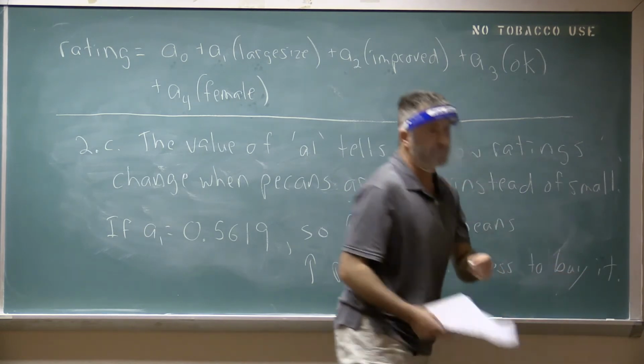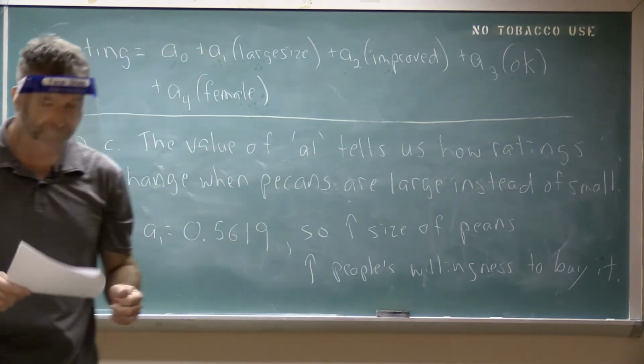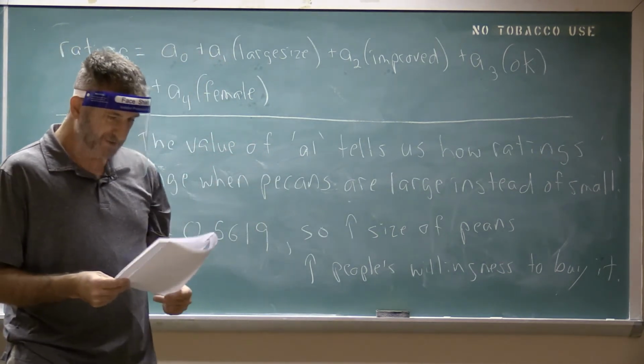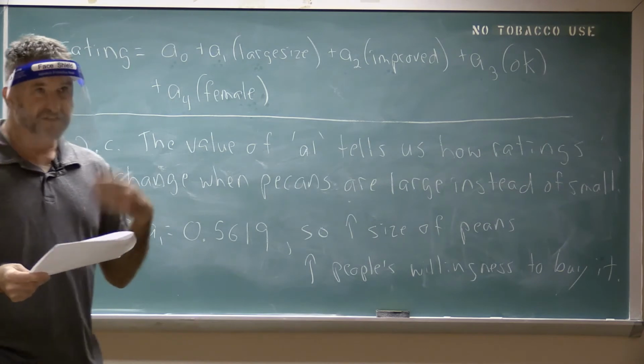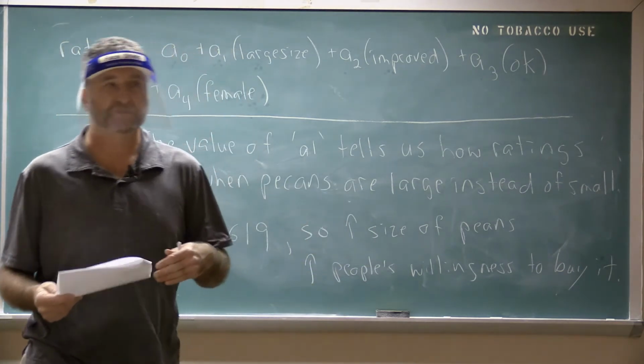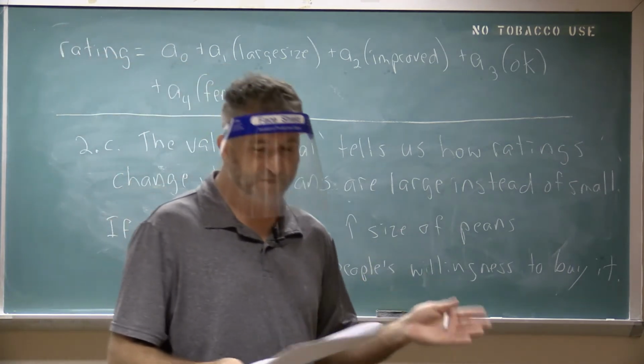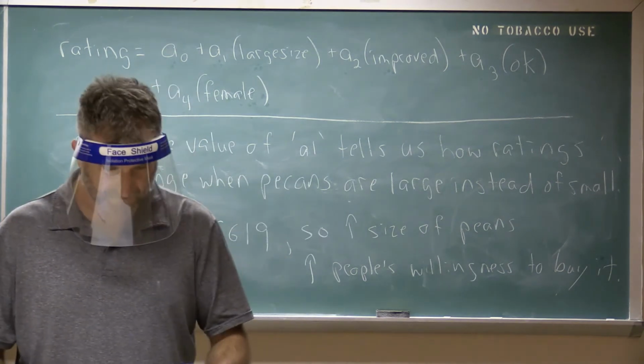So that's good. People like the larger pecans better. And the nice thing about regression is all the interpretation of the coefficients go by the same thought experiment, the same general interpretation.